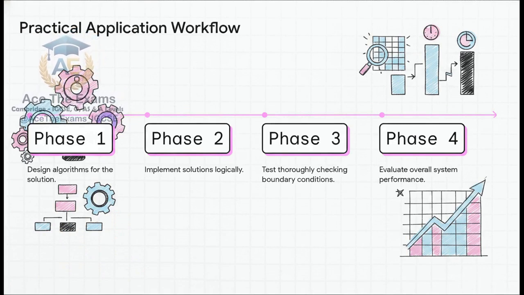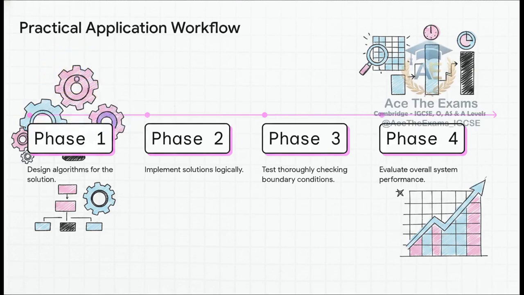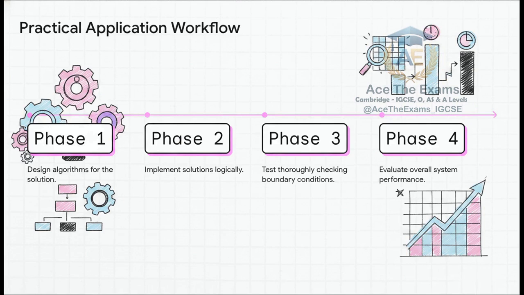Step 3, test thoroughly. This is exactly where your boundary and edge case checks come into play. Don't skip it. And step 4, evaluate performance using our 4 pillars of time, space, edge cases, and overall system impact. Consistently following this timeline demonstrates the exact transferable, high-level conceptual understanding that the syllabus demands.